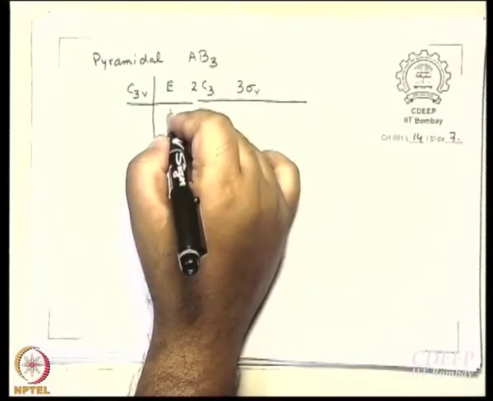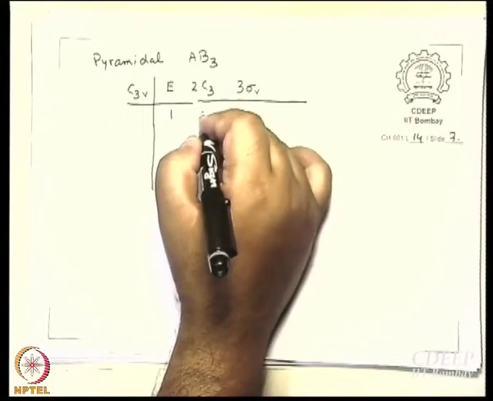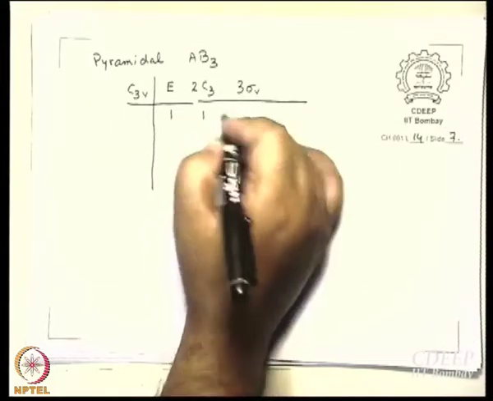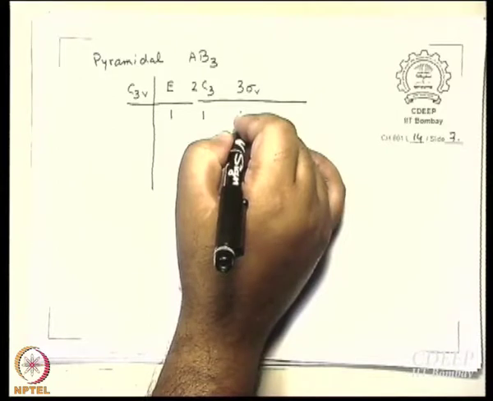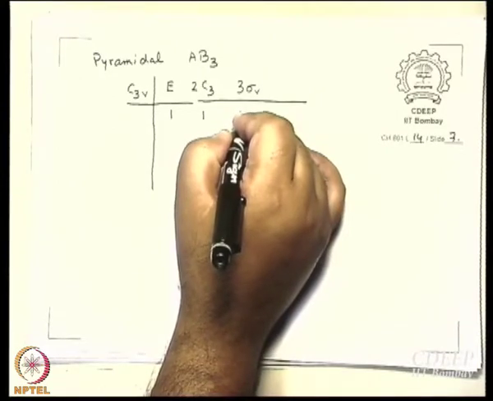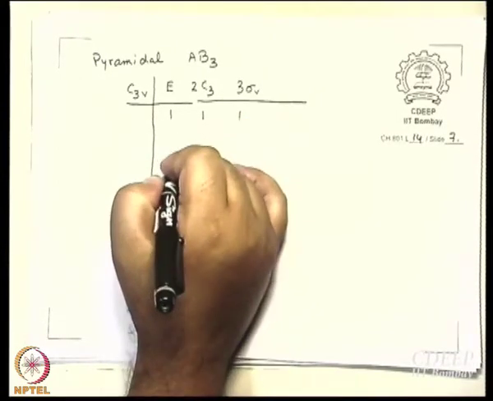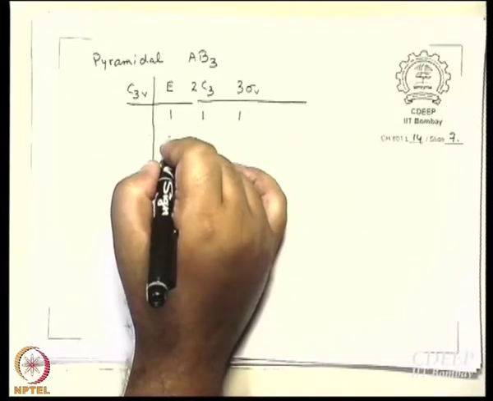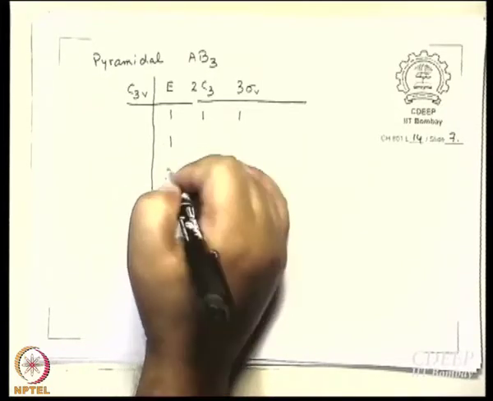This is a small character table I can write. Can you write the first row at least? 1, minus 1, 1, and column 1, 1, 2, very good.